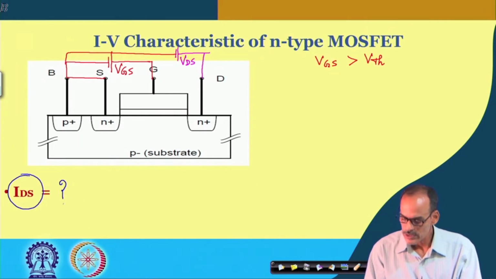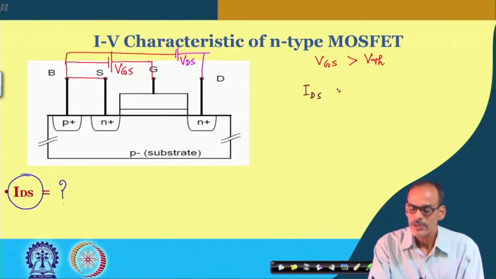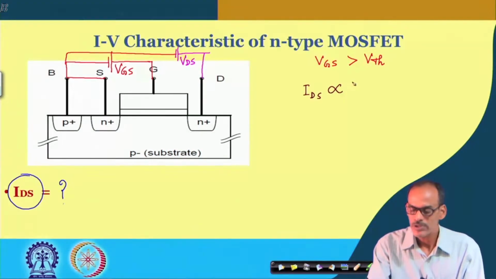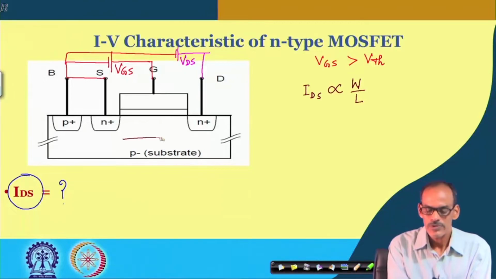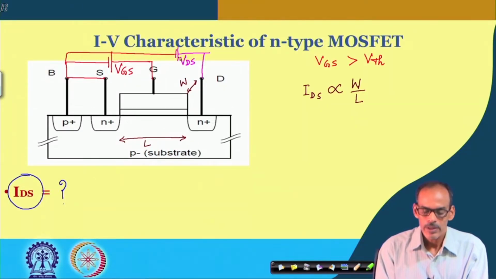First, let me go with an intuitive way: IDS is proportional to what? It is proportional to W. In fact, it will be proportional to W by L, because if you see here, this is the L and this is the orthogonal dimension W. So, if you are having higher length with everything else remaining the same, it is expected that the resistance here will increase.